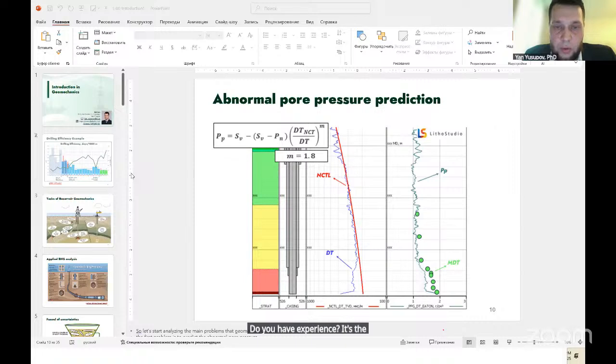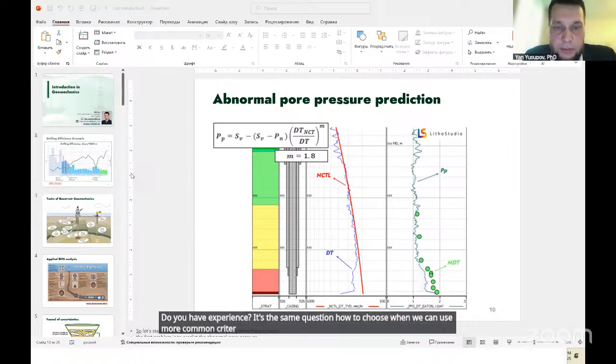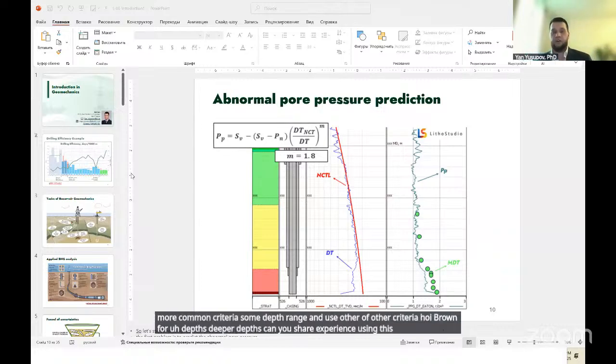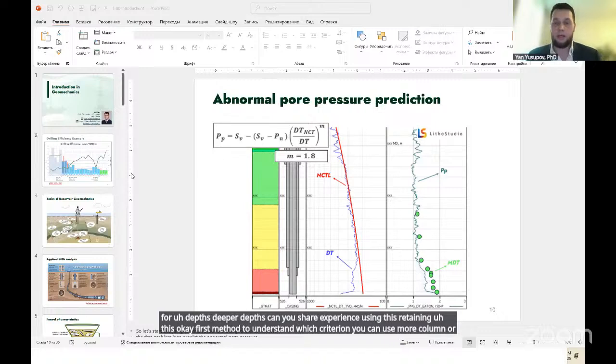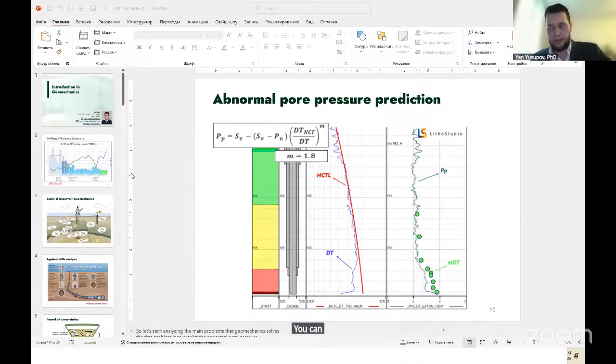How to choose when we can use Mohr-Coulomb criteria in some depth range, and use another failure criterion, Hoek-Brown, for deeper depths? Can you share experience using this criterion? The first method to understand which criterion to use, Mohr-Coulomb or Hoek-Brown, is to build 2D charts, as you can see in the Zoback monograph.